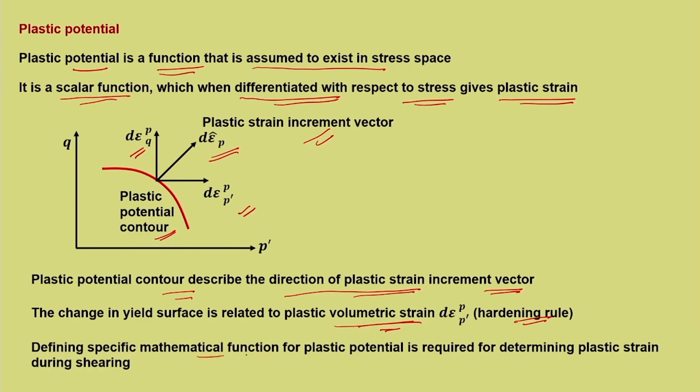Defining a specific mathematical function for plastic potential is required for determining plastic strain during shearing. So, we need to allocate a certain function for this plastic potential, and only then will we be able to determine plastic strain.